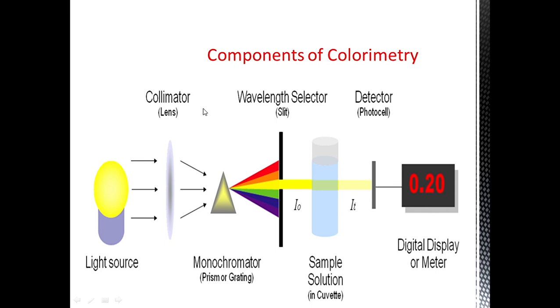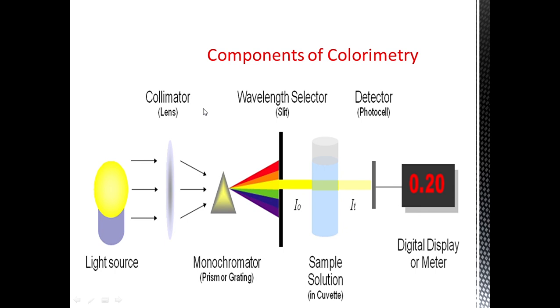This filter selects a sufficiently narrow band, and the filter will absorb the light of unwanted wavelength and allow only monochromatic light to pass through the solution.